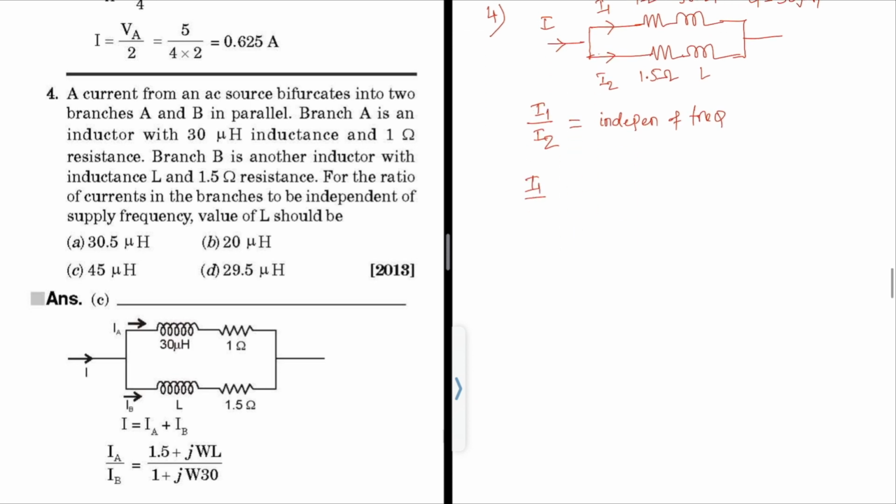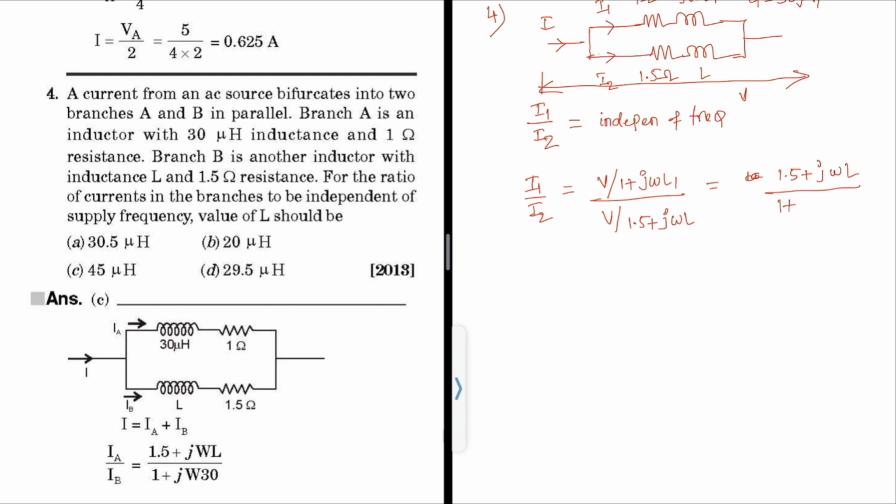Let me write I1 by I2: V by (1 plus j omega L1) divided by V by (1.5 plus j omega L). V is the voltage across this whole branch terminal. So it is (1.5 plus j omega L) by (1 plus j omega L1).